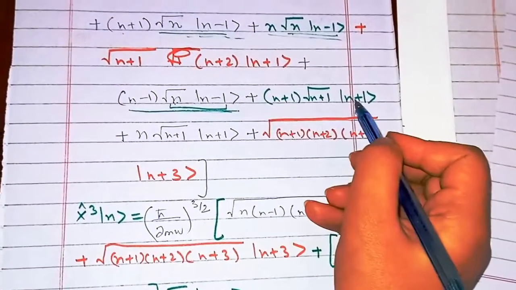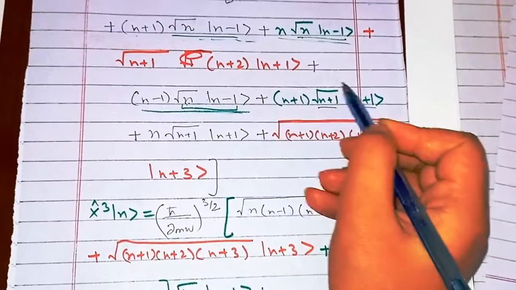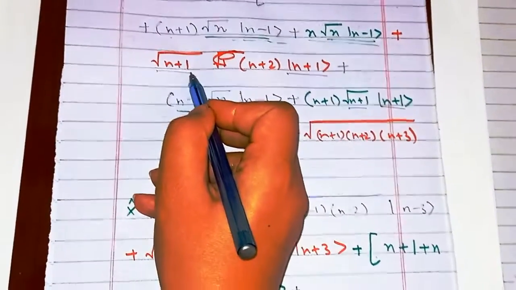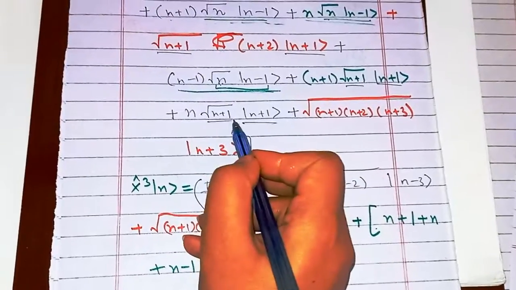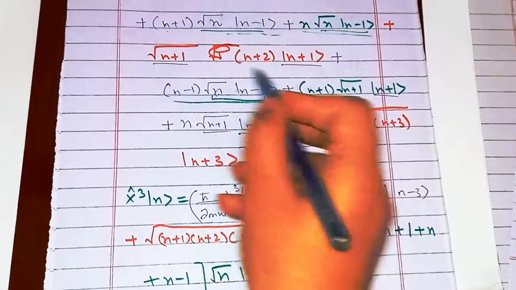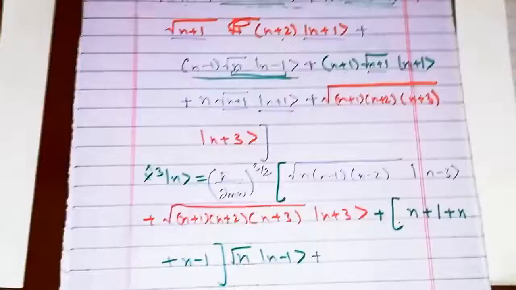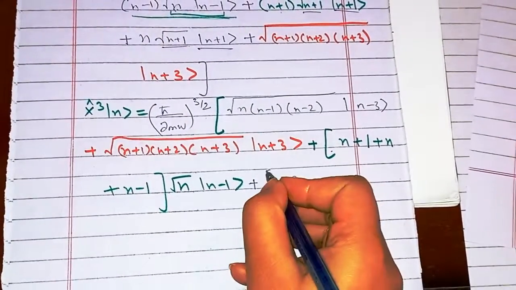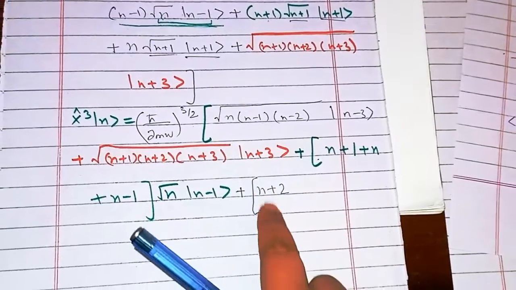Now let's talk about the |n+1⟩ kets. So we can see in the |n+1⟩ kets, √(n+1) is common, so it is √(n+1) |n+1⟩, and here as well you can see. Okay, we'll write these constants that are left behind. So it's n+2, you can write them down in brackets.